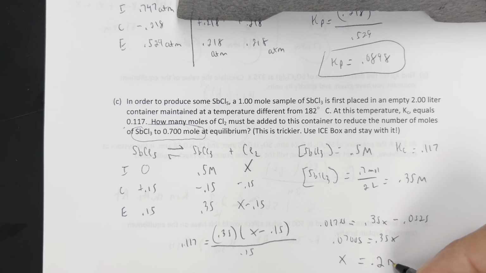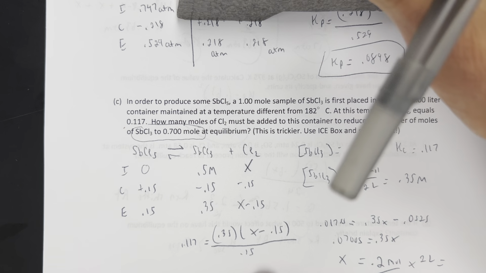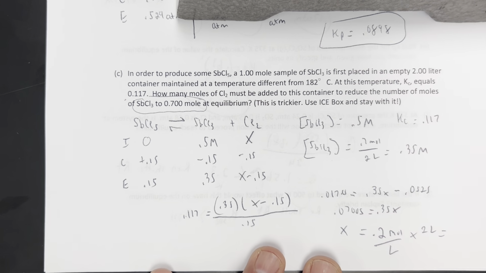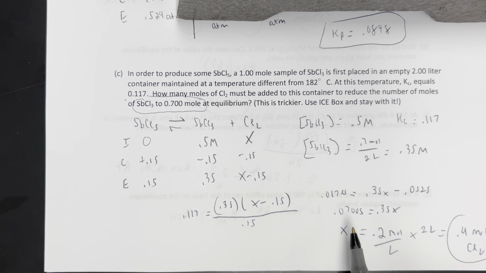That is molarity. That's moles per liter. We're in a 2-liter container. So 0.4 moles of Cl2 would have been in there initially. It's a really tough problem. Working backwards is a little bit different from what we normally have to do.